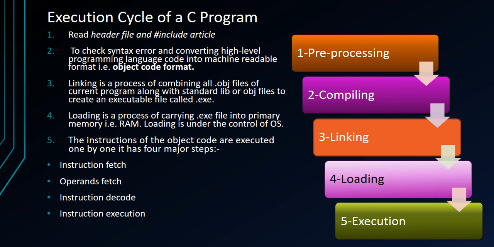Loading is the process in which memory is allocated for our program variables. It is the process of carrying the .exe file into the primary memory. Examples of primary memory would be RAM, cache, registers. Loading is under the control of the OS, which is fully responsible for memory allocation and deallocation.